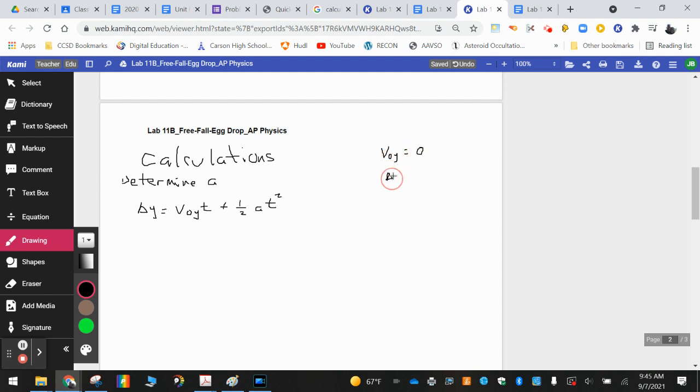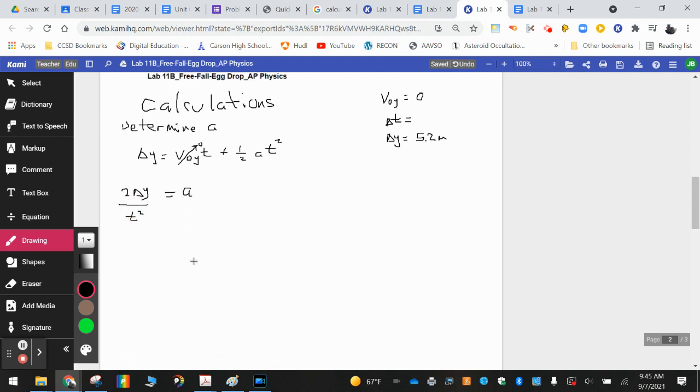Delta t comes from our video, and we know that delta y is 5.2 meters. So from here, this term is going to be 0. Using my advanced algebra skills, a should equal 2 times delta y divided by t squared. So we should be able to get this acceleration here.